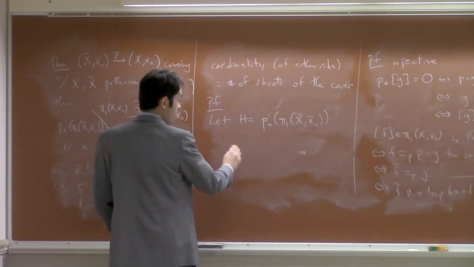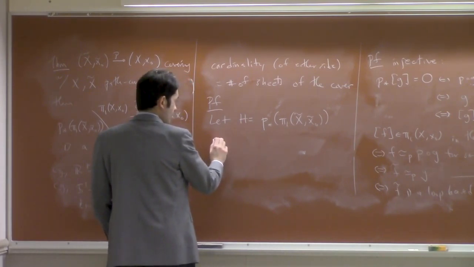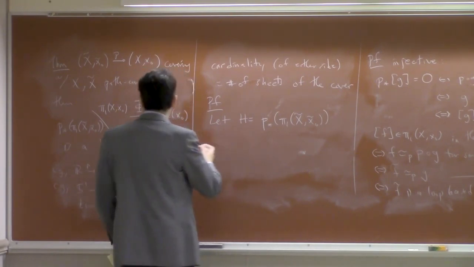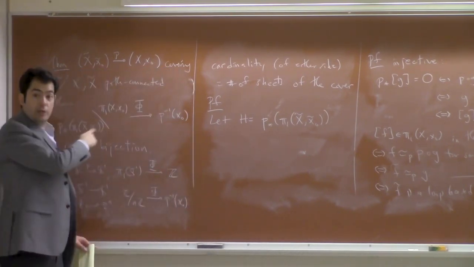Okay, so I want first to check that phi is well defined on the cosets.